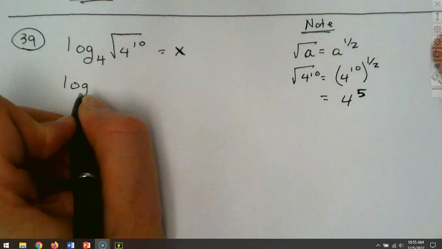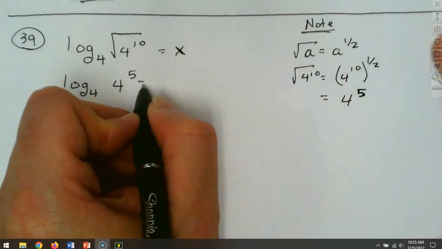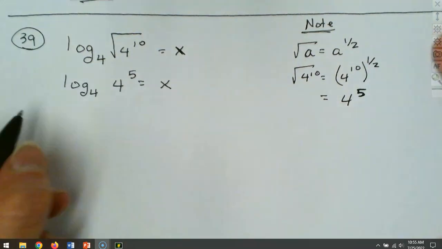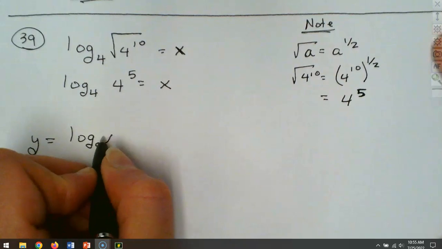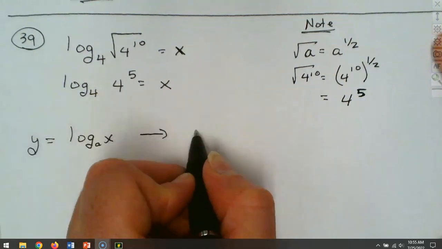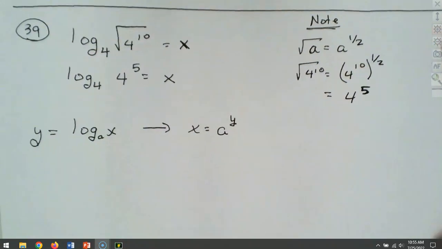Now we can go to convert this. Our formula is y equals log base a of x, and that converts into x equals a to the y. There's our conversion formula.